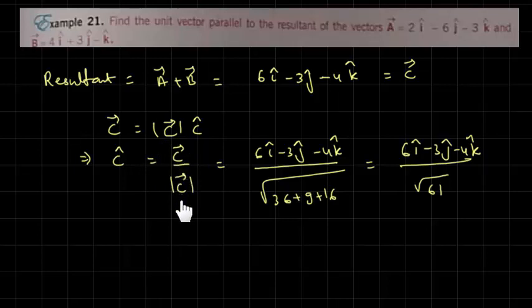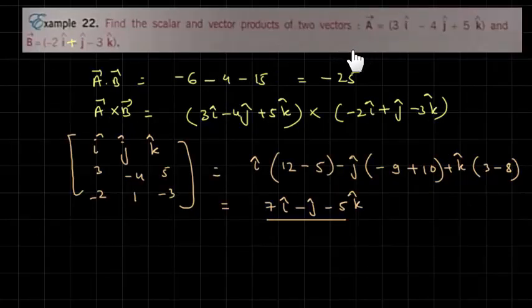So C cap is C vector upon magnitude of C vector. So we already know this is C vector divided by magnitude of C vector, so it comes out to be this quantity. So this is the unit vector in the direction of C vector, which is the sum of the vectors A and B.